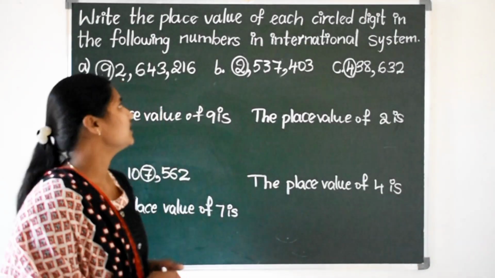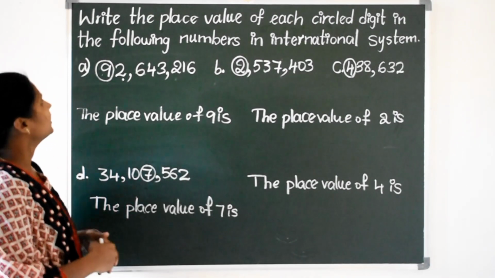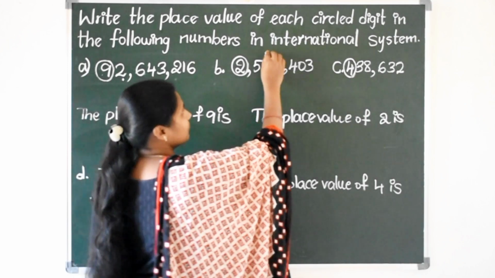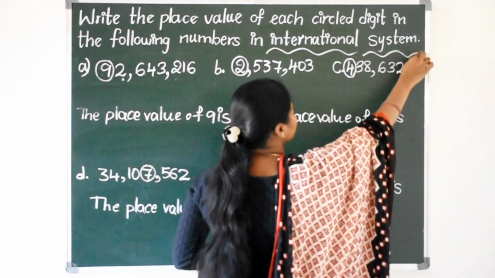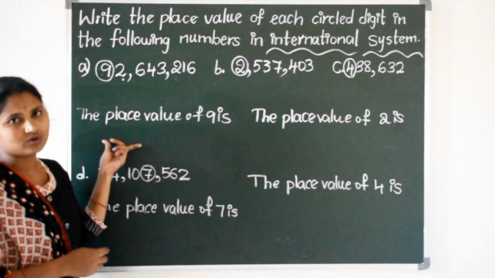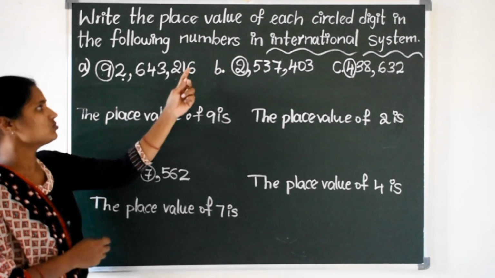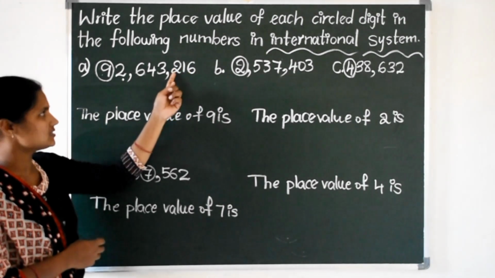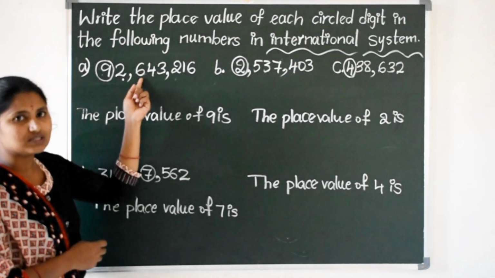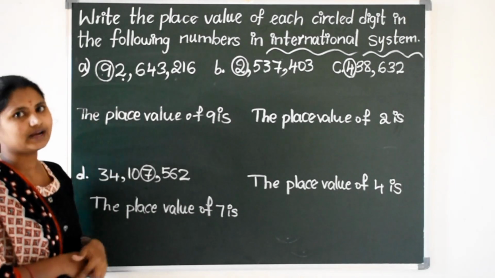See here, we have one bit. Write the place value of each circled digit in the following numbers in the international system. We know how to find place value in the Indian system, right? So here in the international system we have to find the place value. The place values are ones, tens, hundreds, thousands, 10,000s, 100,000s, millions, 10 millions, and after that 100 millions.